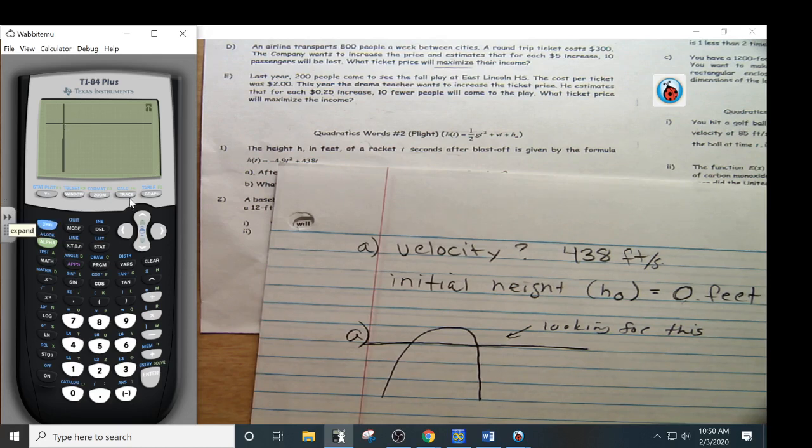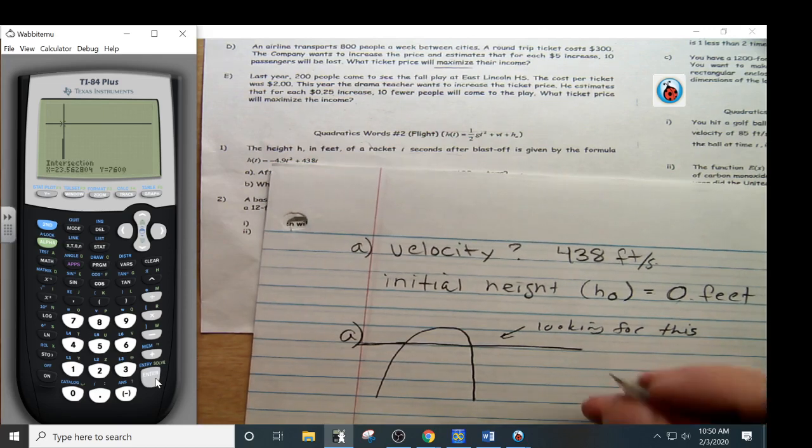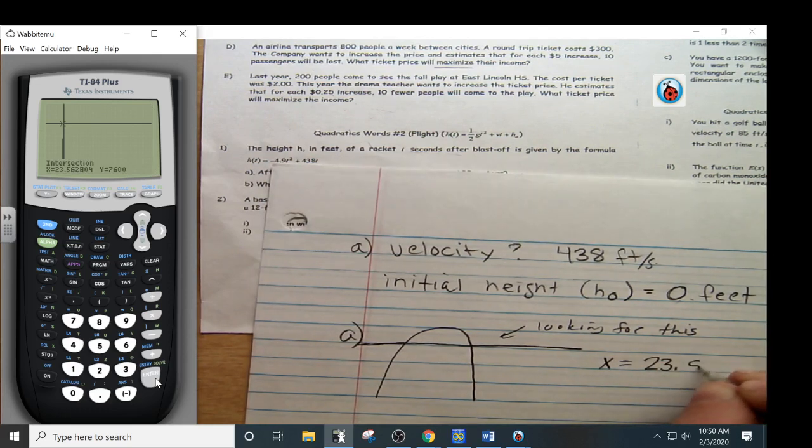So second trace, intersect, press up, and go over here to where they intersect. So we're going to go over here, press enter 3 times. 1, 2, 3. Guys, you're going to write down the x value. X equals 23.5.